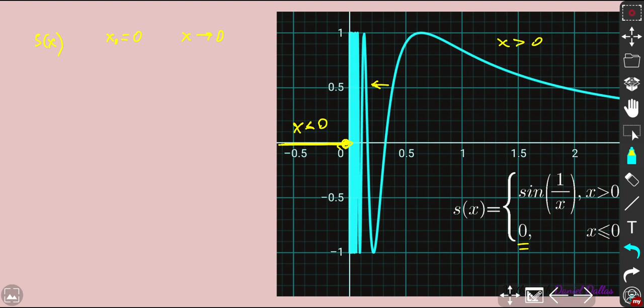What it means, oscillation, it means that the period will shrink and frequency will increase every time when x tends to 0 from the positive side.